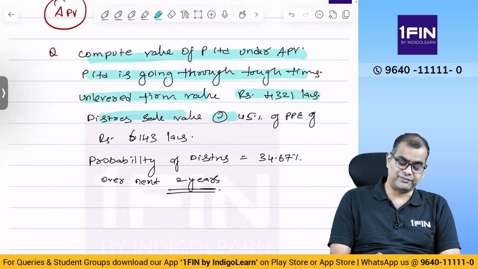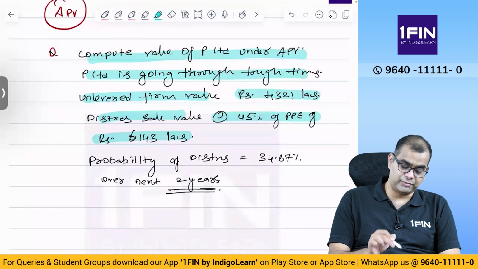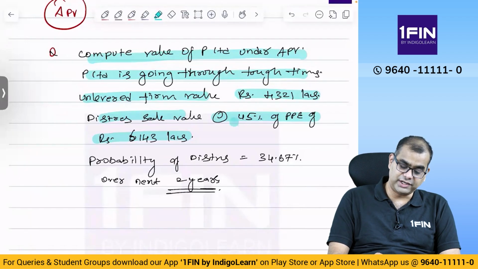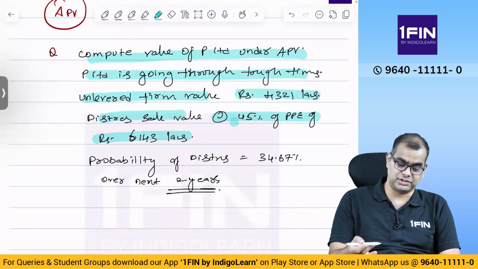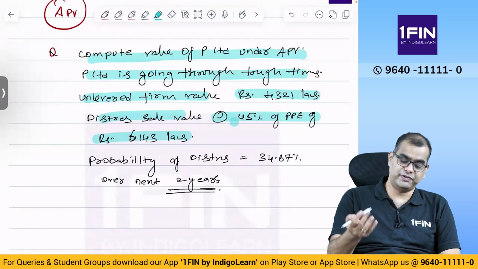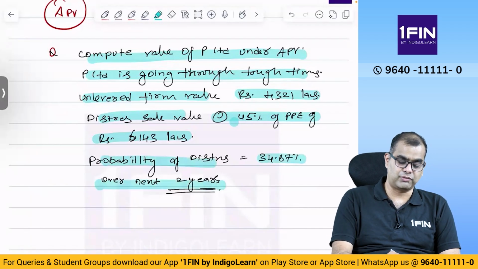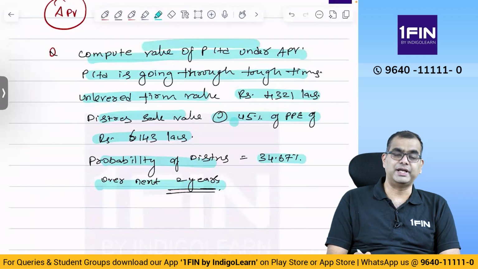Distress sale value at 45% of plant, property and equipment, which is rupees 6143 lakhs. Distress sale value is not 6143; it is 45% of PPE. So the PPE value is 6143, of which 45% is the distress sale value. And the probability of distress is 34.67% over the next 2 years.